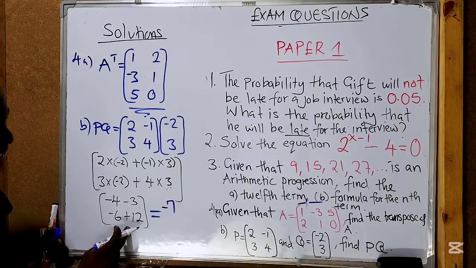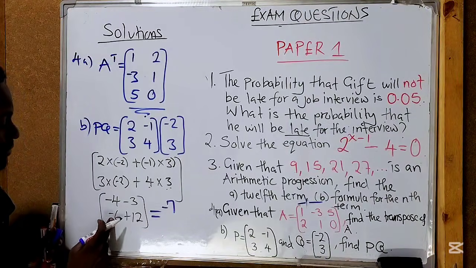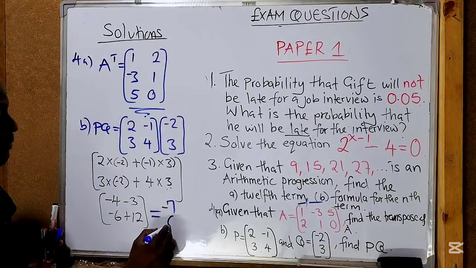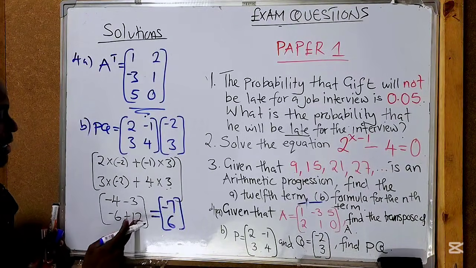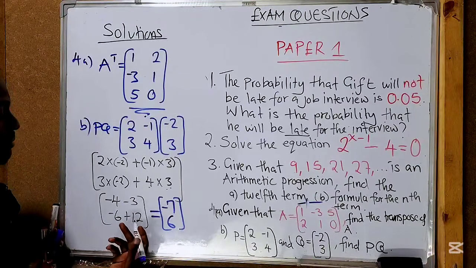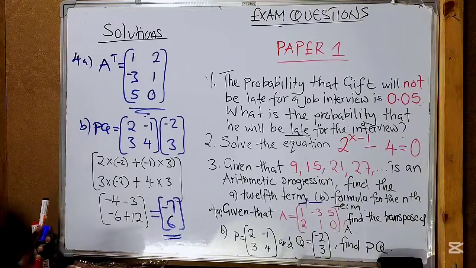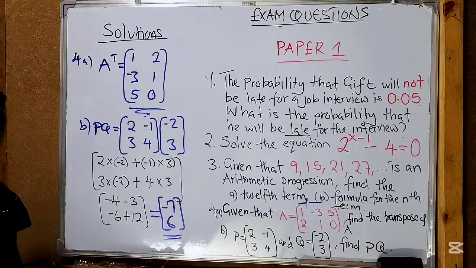When you have different signs, you subtract and take the sign from the bigger number. So -6 plus 12 is +6. It's just 12 minus 6, which is 6. The sign from the bigger number is positive. So this is the answer: -7, 6.